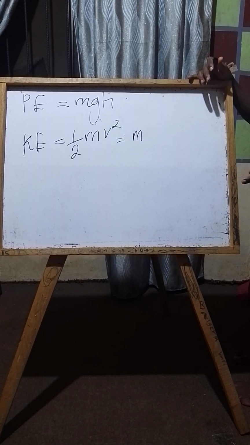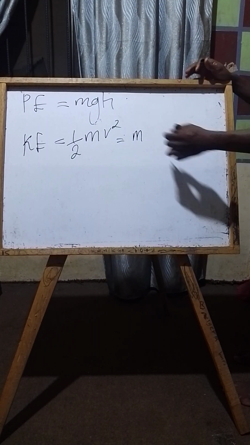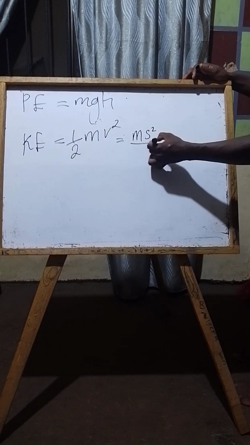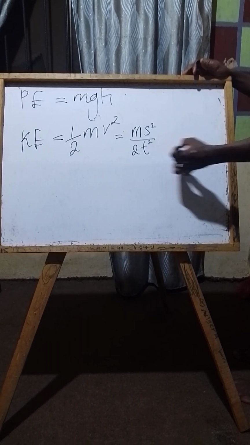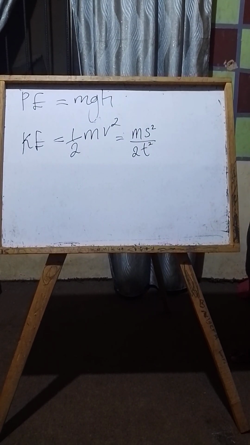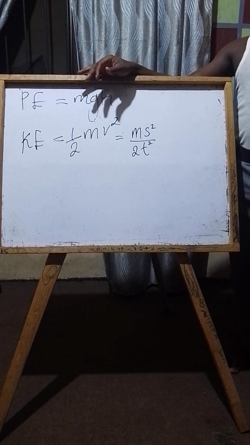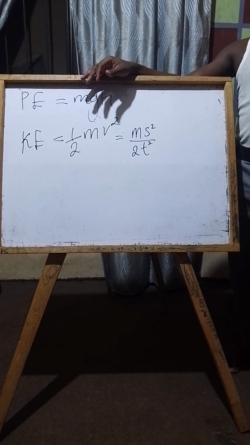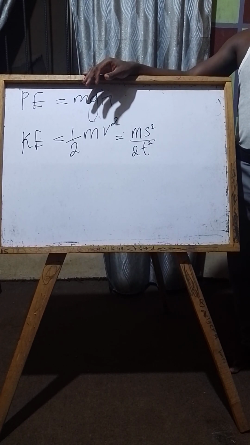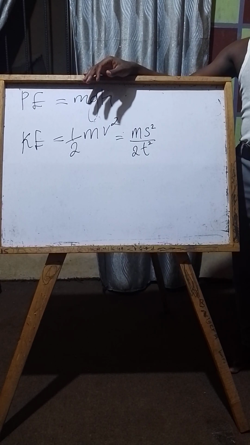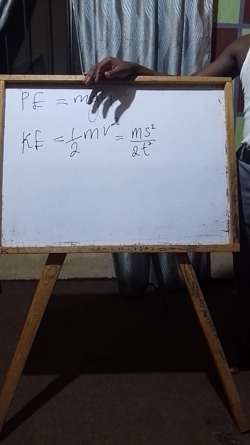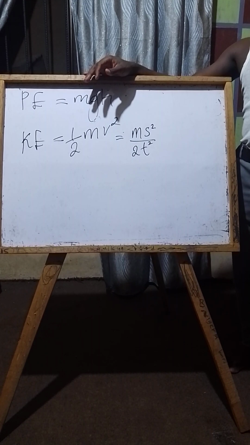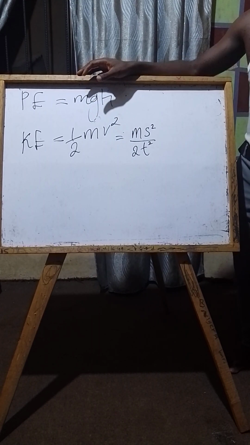velocity is distance over time, right? It can be ms squared over 2t squared. The same thing. Displacement over time. Most times we call distance over time speed, because speed is a scalar quantity. Velocity, displacement over time, is a vector quantity.